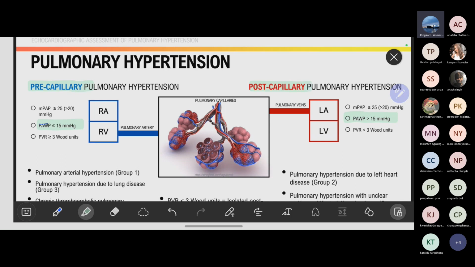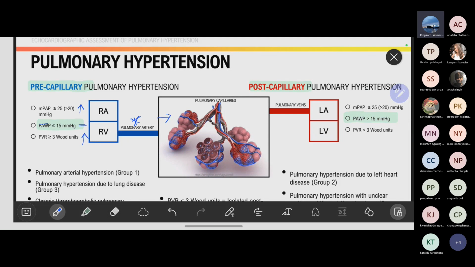The term pre-capillary pulmonary hypertension is a disease which affects the pulmonary artery and leads to pulmonary vascular obstruction. The hemodynamic definition of pre-capillary pulmonary hypertension is an increase in mean pulmonary artery pressure and normal wedge pressure, and PVR is more than 3 Wood units.